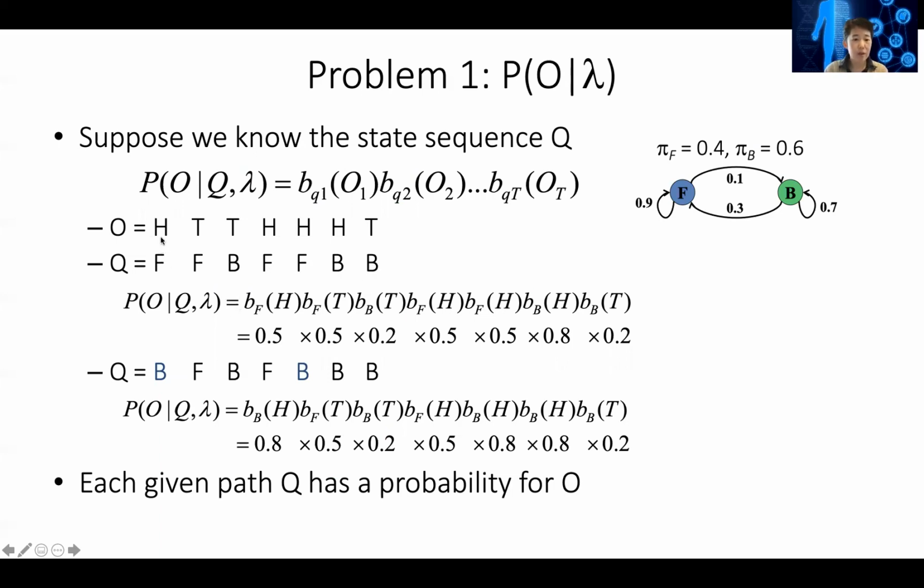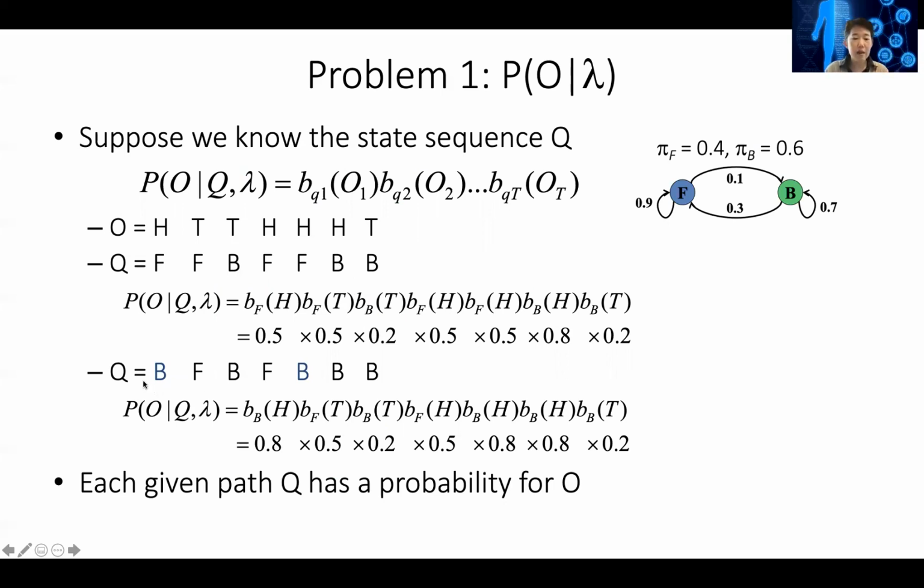From a fair coin to get a head is 50%. A fair coin to a tail is 50%. A bias coin to get a tail is 20%. And a bias coin to get a head is 80%, right? So very easy, you can calculate this.